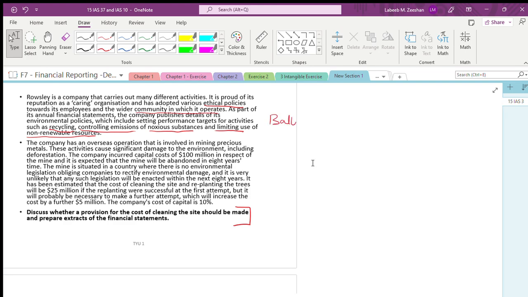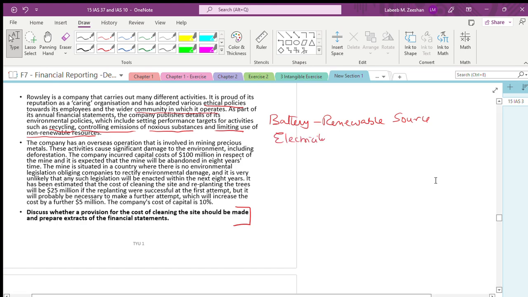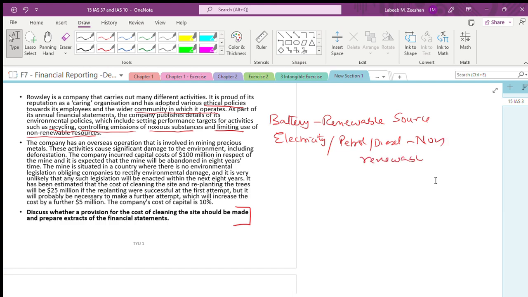Battery is renewable, whereas electricity, petrol and diesel are non-renewable sources of energy.